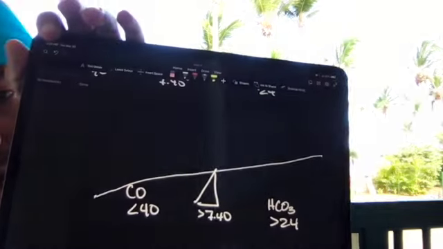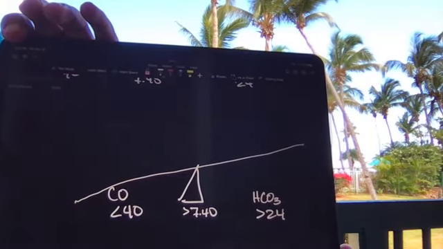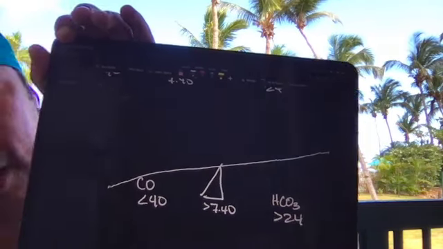Or you will have a CO2 that's less than 40. So if you have a CO2 that's less than 40 and a bicarb that's greater than 24, your teeter-totter will look like this. The balance beam tilts away from that true normal look.